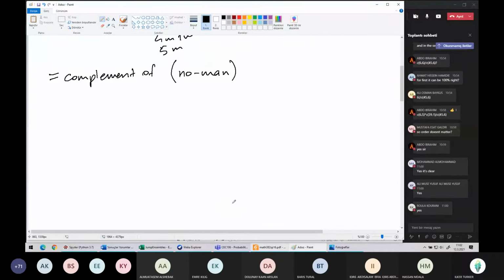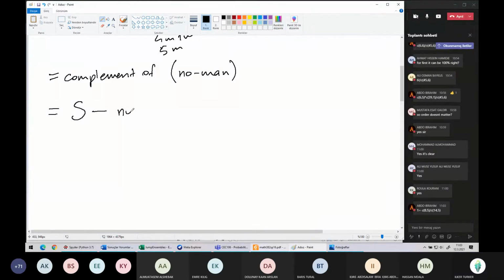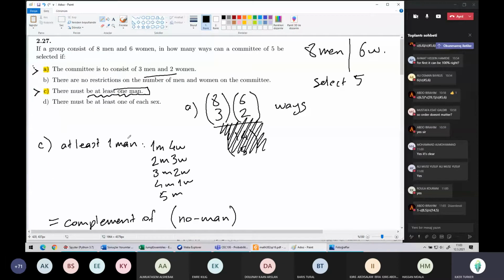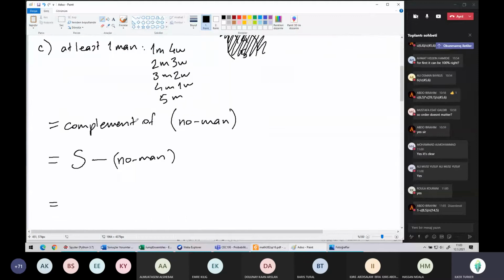So here we can find it by sample space minus no man combinations. What is my sample space? We select 5 from 14.